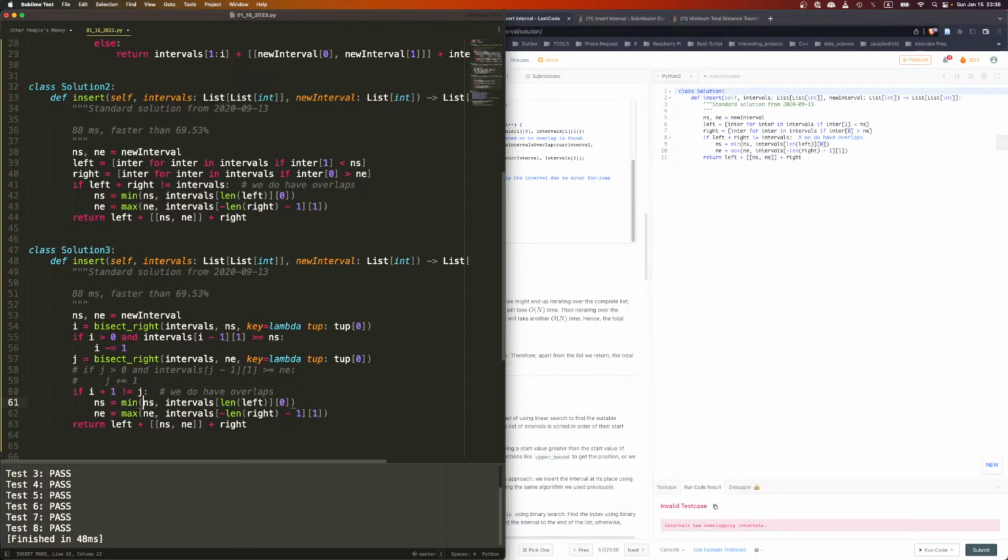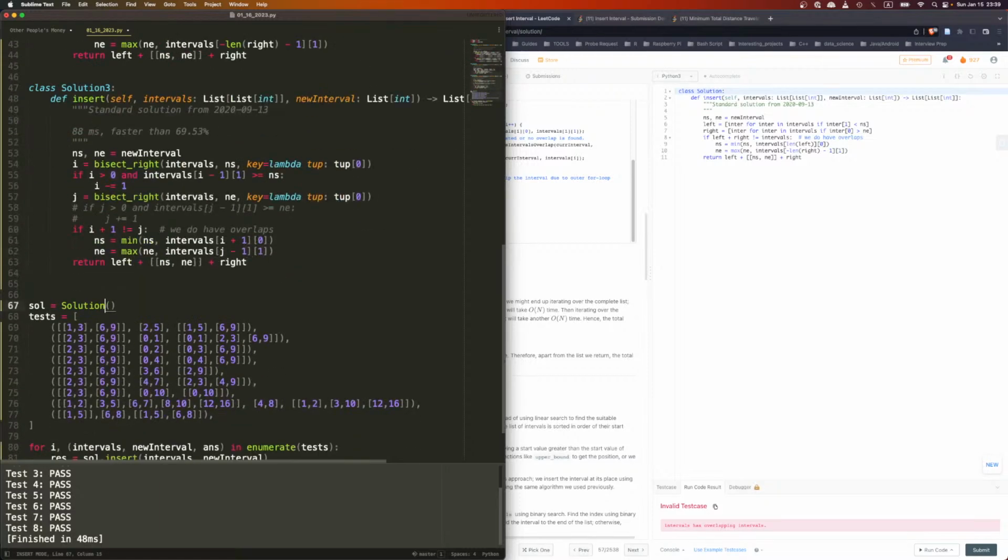All right, then when we have overlap, I is no overlap, so I plus 1 is the one we have overlap. So we do I plus 1 here. We know J is no overlap, so it shall be J minus 1.